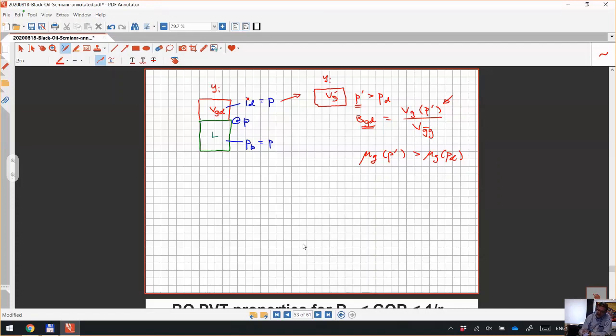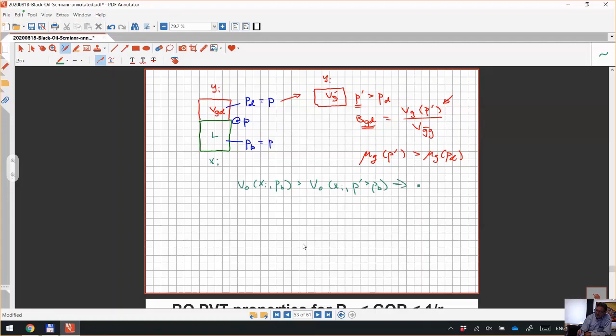So for the same exact composition, you've got Xi. The volume of oil of this Xi that you got at the bubble point is going to be larger than the VO of the exact same composition, but at a higher pressure, P prime.